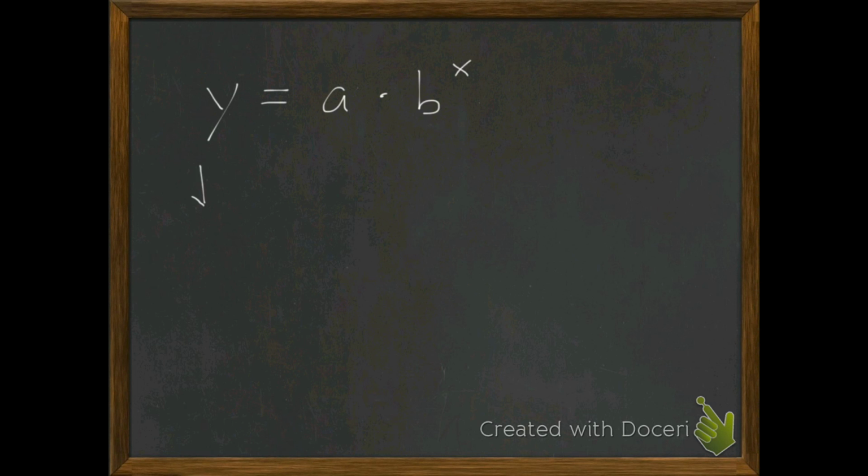So guys, in this problem, our y is value of t. So value of the car equals A, which was 19,822.92.